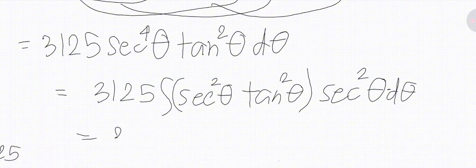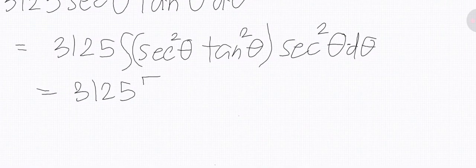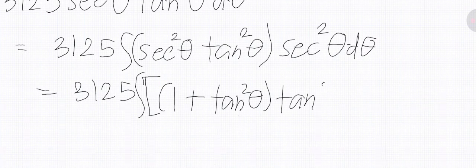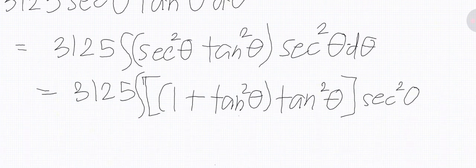So integrate. We have 3,125 integral of the bracket 1 plus tan squared theta, close parenthesis, tan squared theta, bracket, secant squared theta d theta.